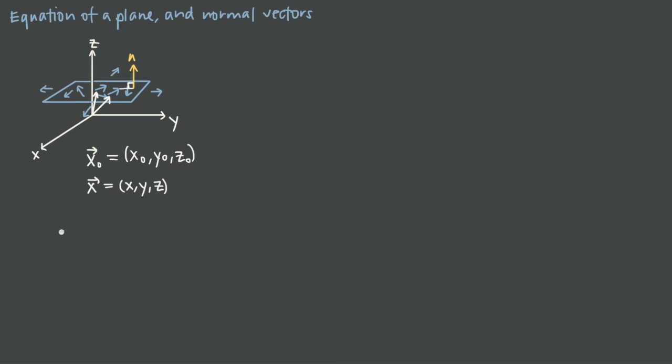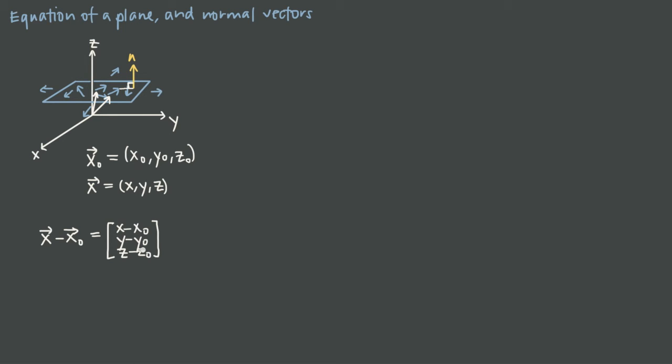So we can say that the blue vector is really x minus x naught, and then remember that we would just subtract one component from the other. So we get here x minus x naught, y minus y naught, and z minus z naught.